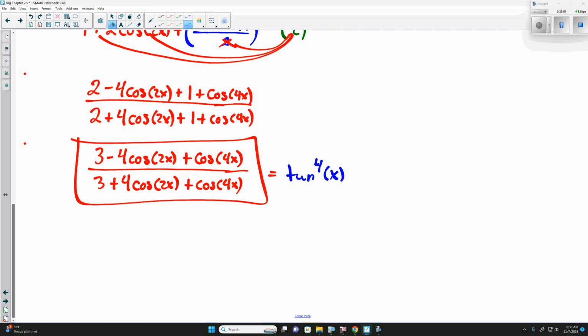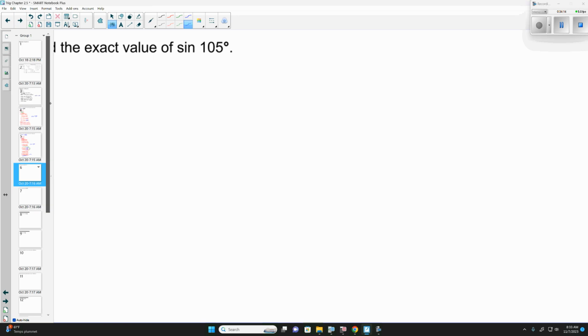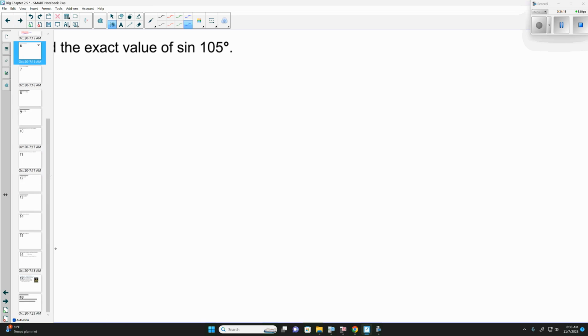And that's it. Questions on this here? Simplicity wise, there's no way that we could ever say this is simpler than just saying tangent to the fourth of x. But there you have it. Questions on this here? How much do we have left? Wow.